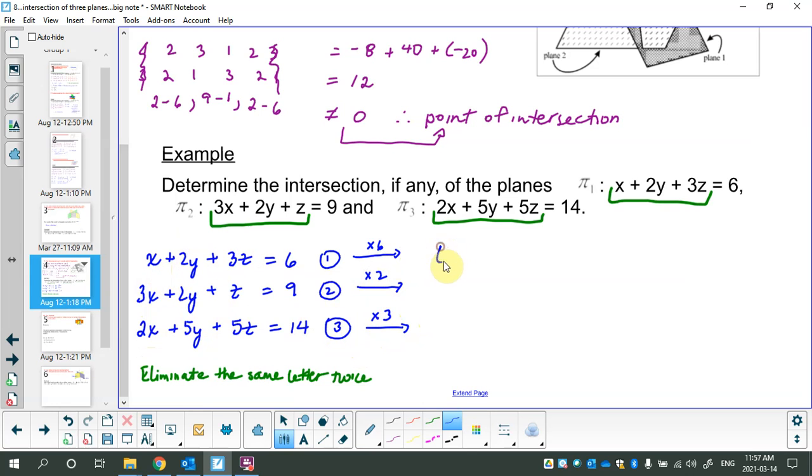So 6 times x, 6 times 2y, 6 times 3z, and finally 6 times 6. 2 times 3x, 2 times 2y, 2 times z, and 2 times 9.